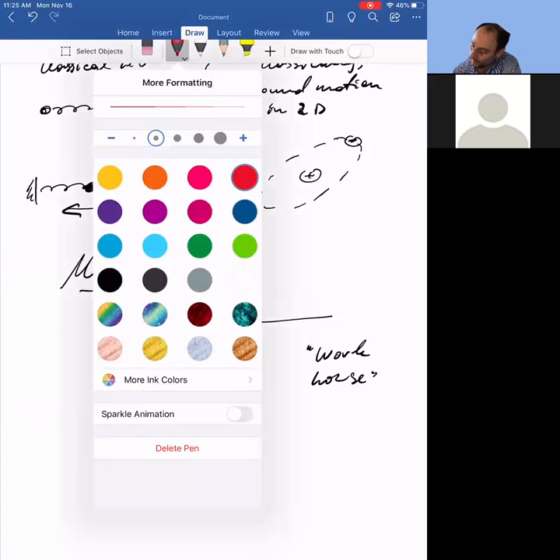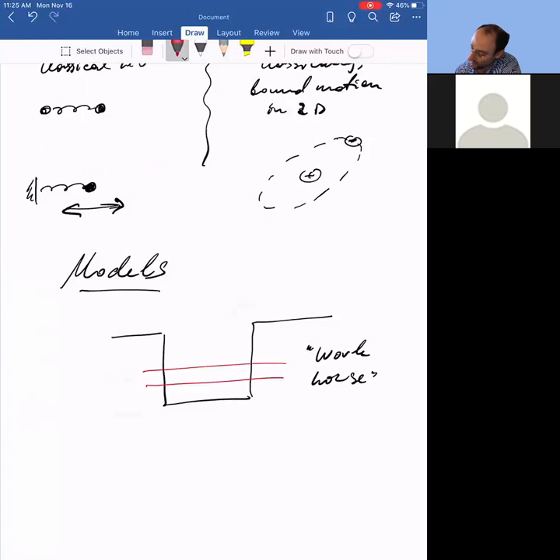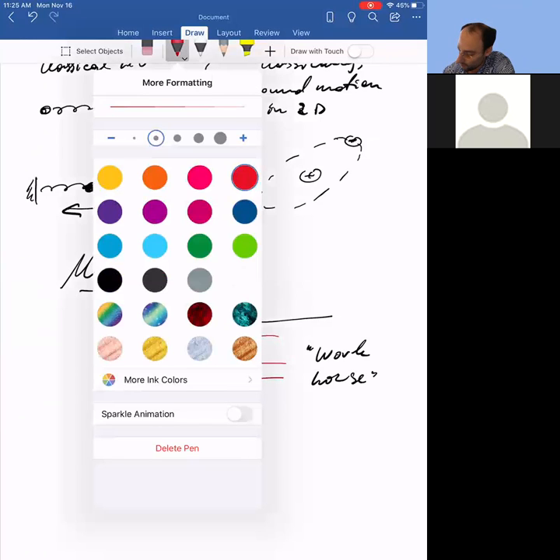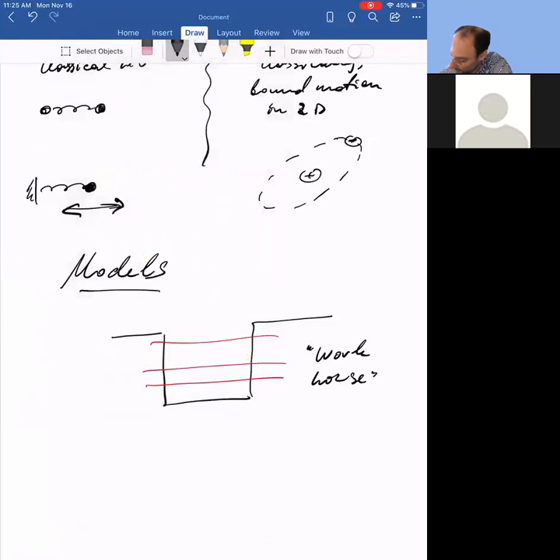So again, we get a set of levels, we get a set of wave functions, and you get bound states when energies are lower than the top of the potential energy.